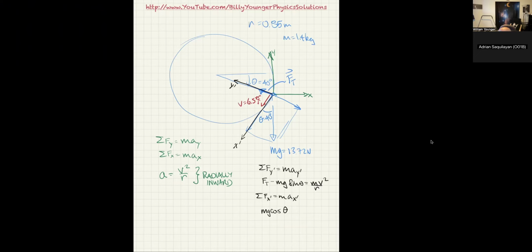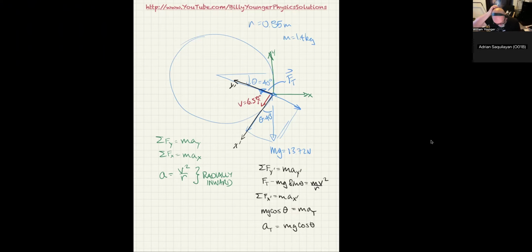That's the only force I see acting in that x direction, and that has to be equal to m times a tangential. Notice I just changed it to a sub t just to remind you it's tangential. It's still the same thing as it was before, ax prime. So you can now say that at has got to equal g cosine theta.